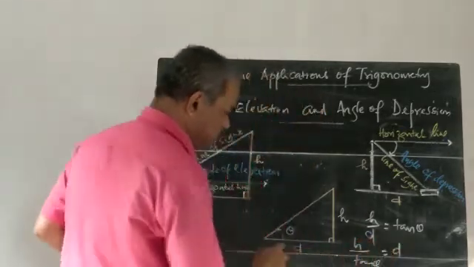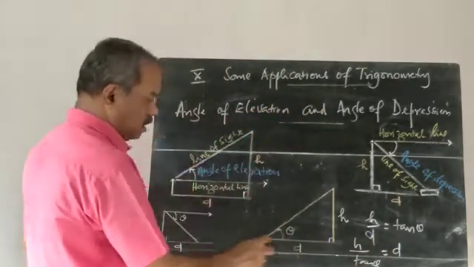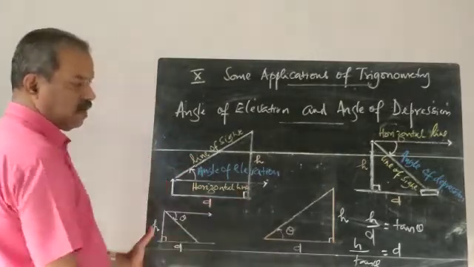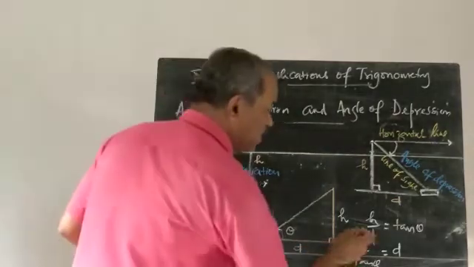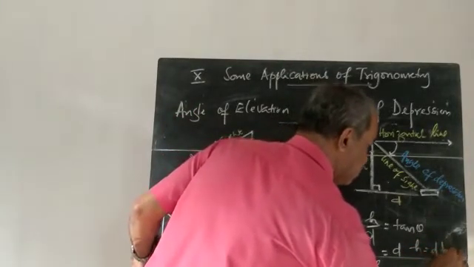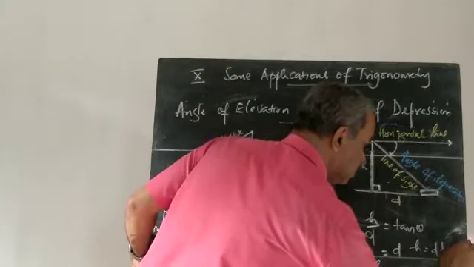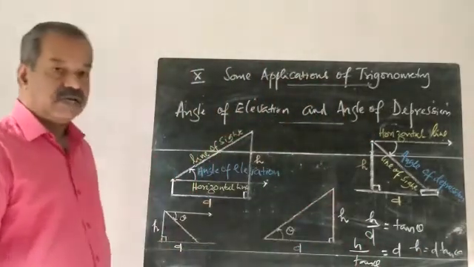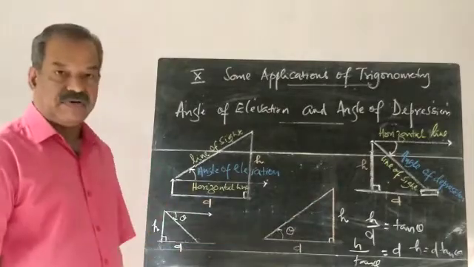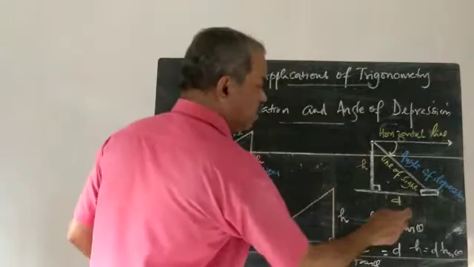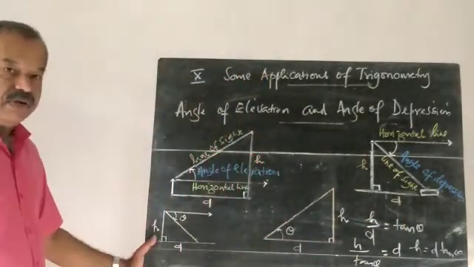That is the distance of the building or tree from the man. And if D is known, H equals D tan theta. When do we get H and D equal? If theta equals 45 degrees, tan 45 is 1. So H by D equals 1 means H equals D.